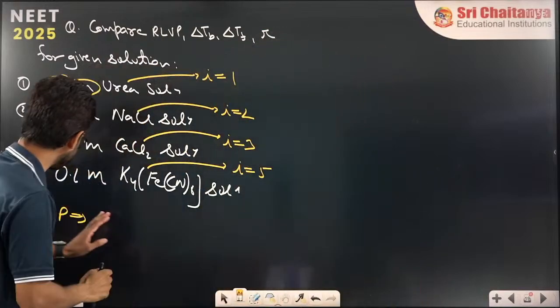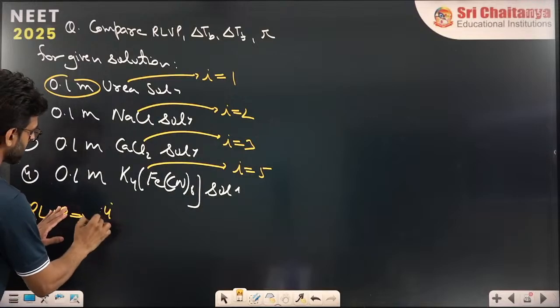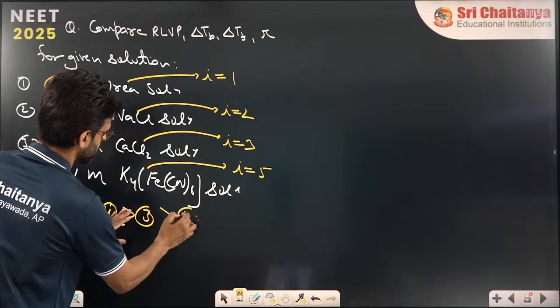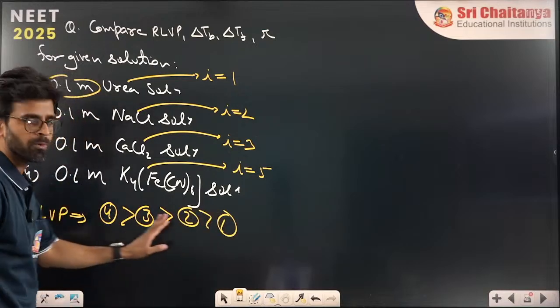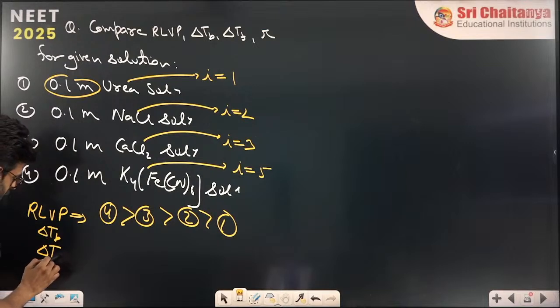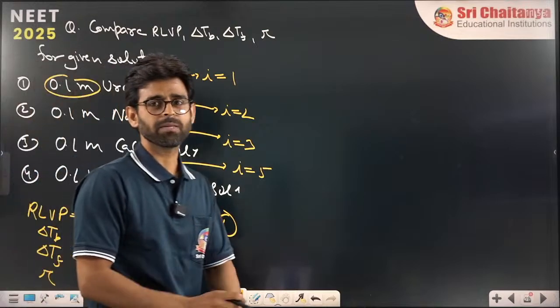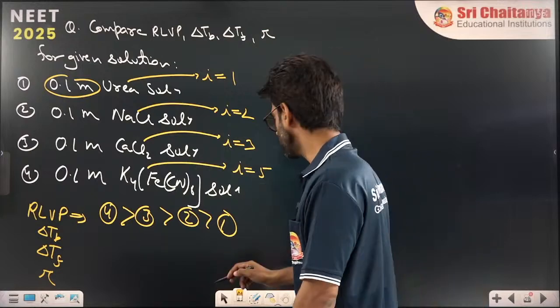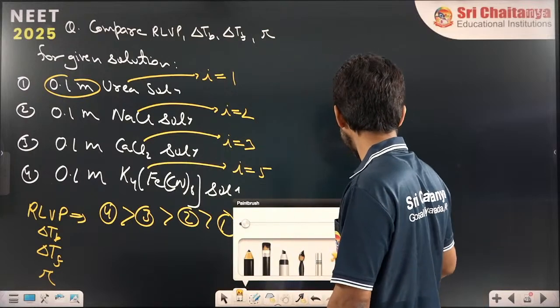That's why you can say which one has the highest value. Fourth has the highest value. Then which one? Third, then second, then first. For every property, I can say for RLVP, for delta TB, for delta TF also, and which one also? Osmotic pressure, right?